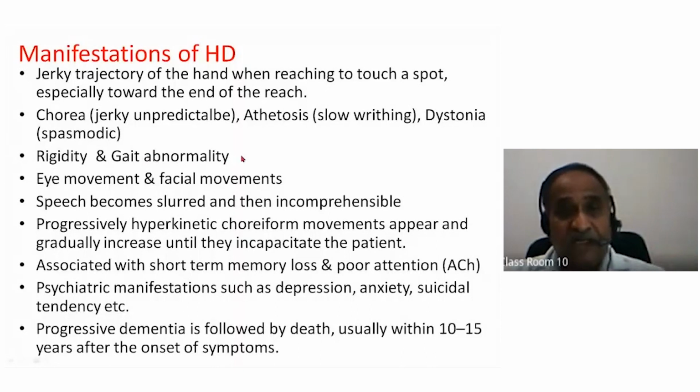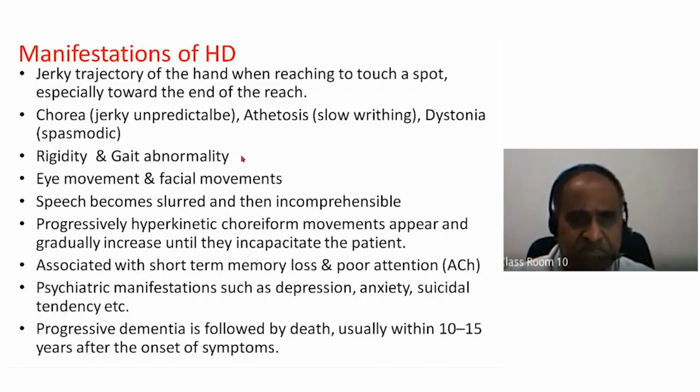Unlike the predictable shuffling or festinating gait of Parkinsonism, you don't see such a gait. Here you see a very unpredictable dancing-like gait, as if the person is dancing to reach a target.